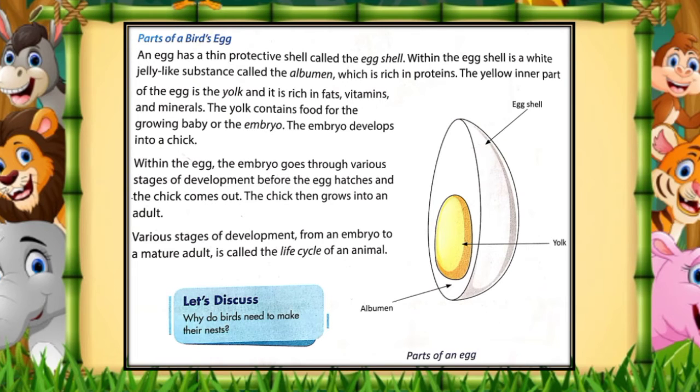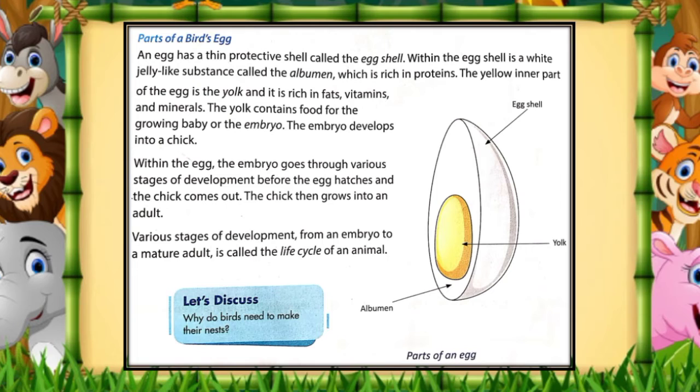Now let's understand about parts of a bird's egg. An egg has a thin protective shell called the egg shell. Within the egg shell is a white jelly-like substance called the albumen, which is rich in protein.